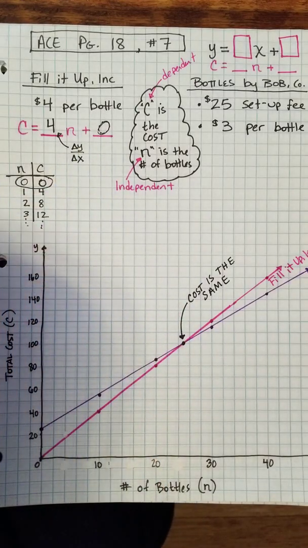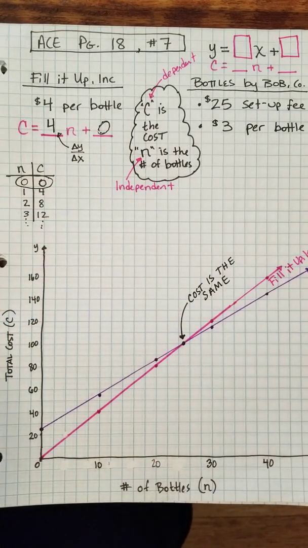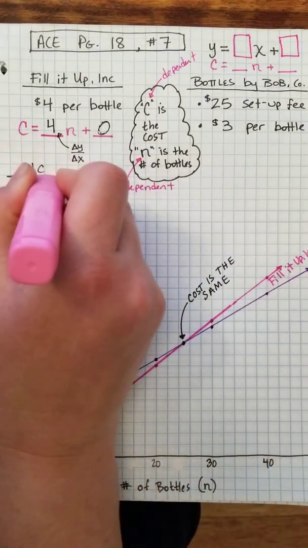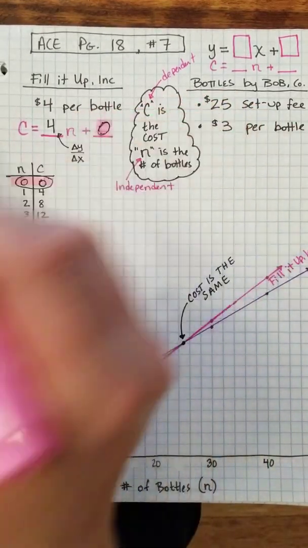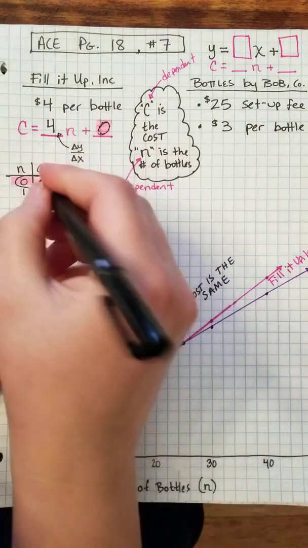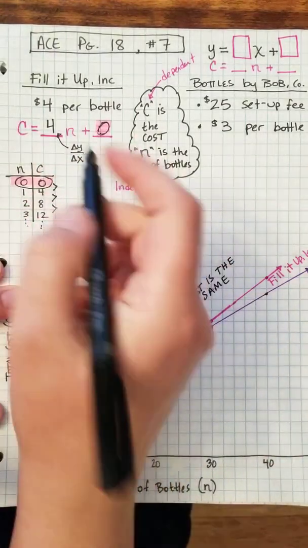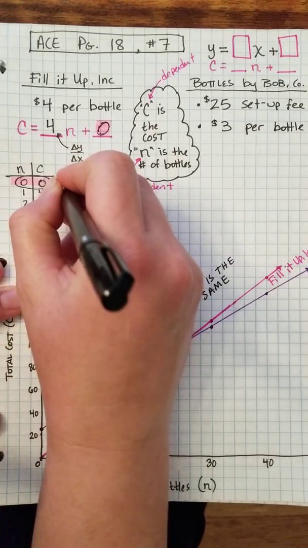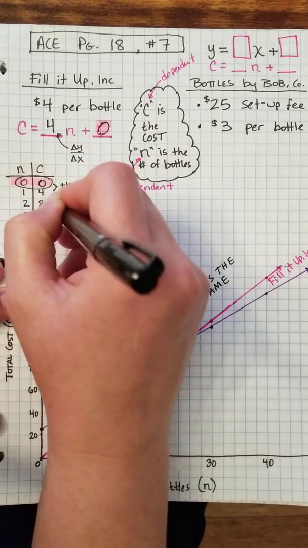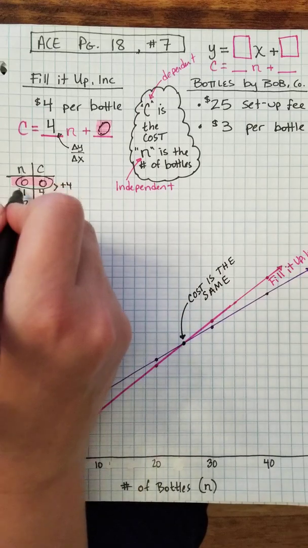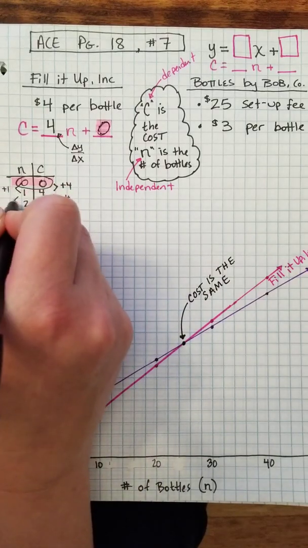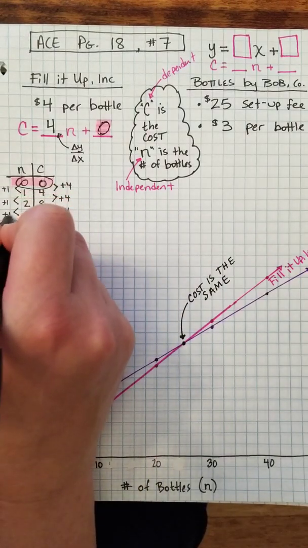I'm going to get a highlighter. So this right here would tell me what goes into this spot. And then we've seen these little sideways carrots here. I add 4, add 4, add 4, add 4, every time my number of bottles goes up by 1.